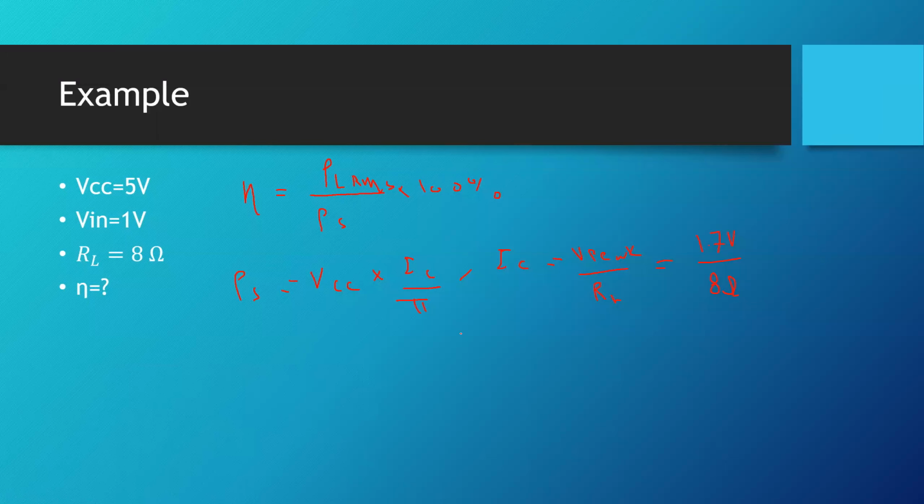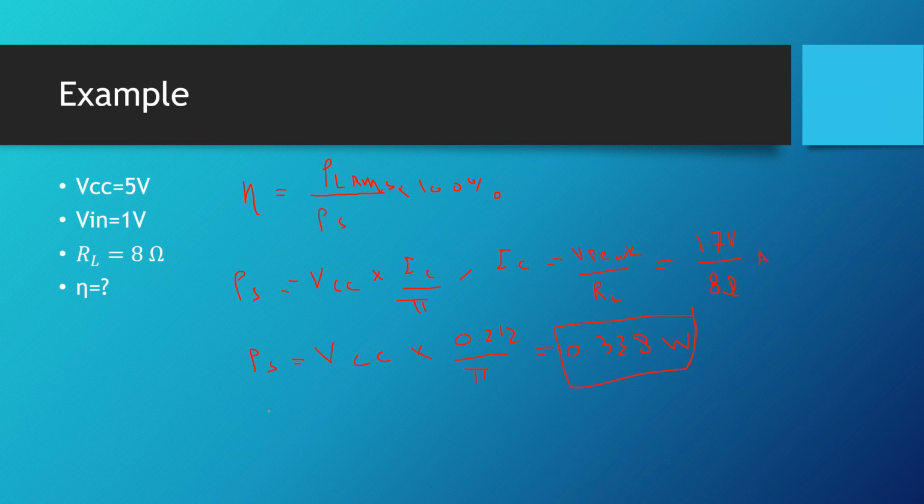So we sub pi. This would be P source equals VCC, which is 5, times this value, 0.212 over pi, which equals 0.338 watts. This is the power at the source.